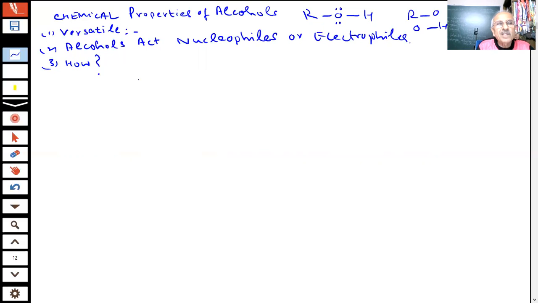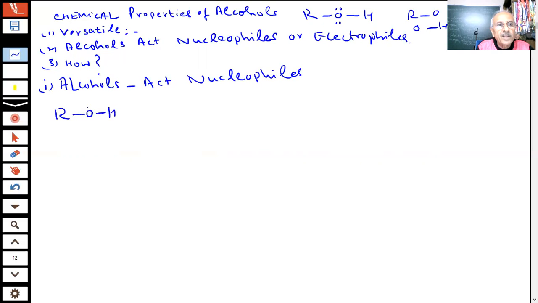When alcohols act as a nucleophile, under what conditions? Let us see first how alcohols act as nucleophiles. This is my alcohol, student. There is a lone pair of electrons on the oxygen.